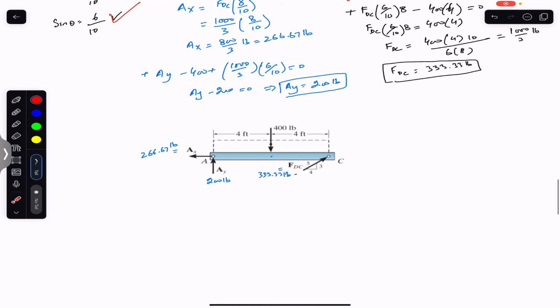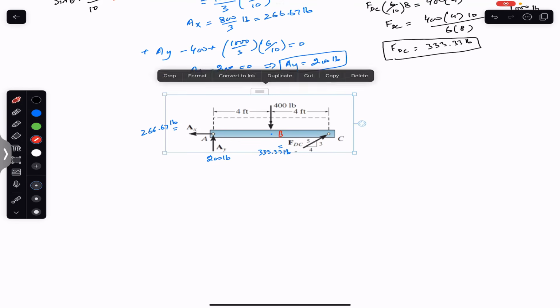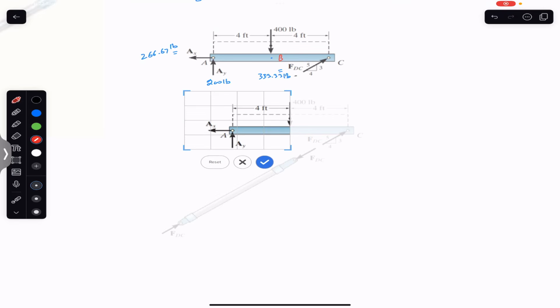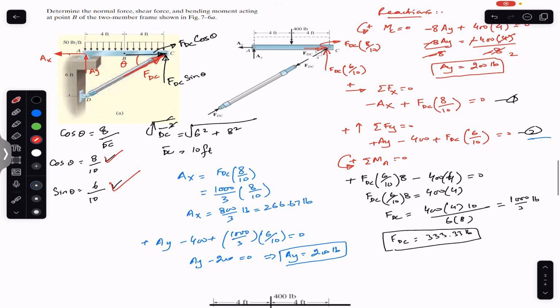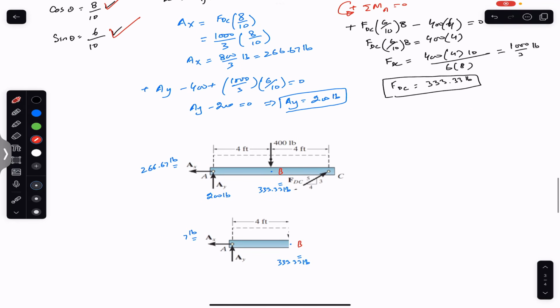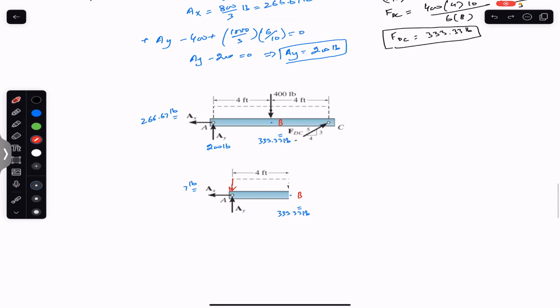Let's say this is our point B. So we have to cut out a segment AB. So let's cut this. So now this is our AB segment, and now when we cut this segment, we have that distributed load from A to B, like this, in a rectangular shape.